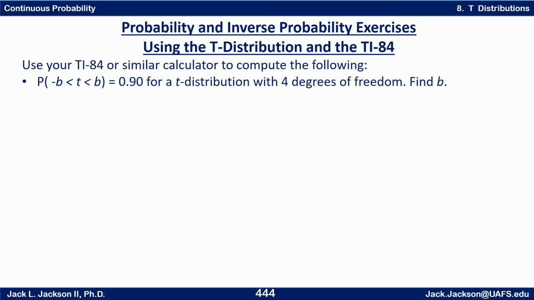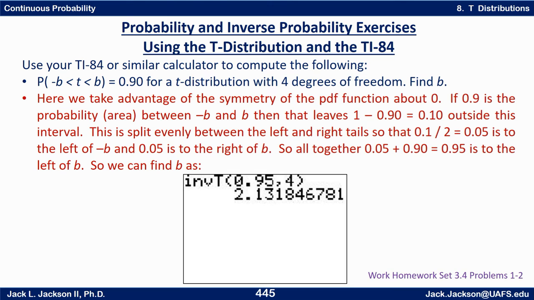So if you're going b to the right and b to the left of that, you're doing a region that's symmetric about the mean, which is 0. Okay, so if you do this, there's 0.9 between b and negative b. That means what's left on the outside of that is 0.1 in the two tails.